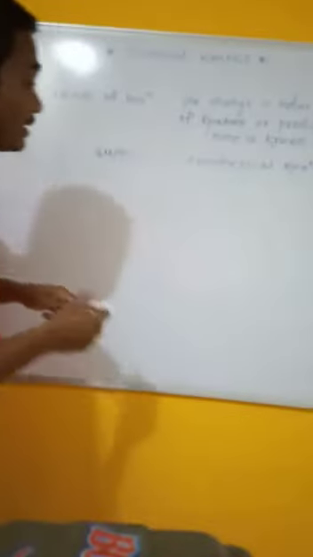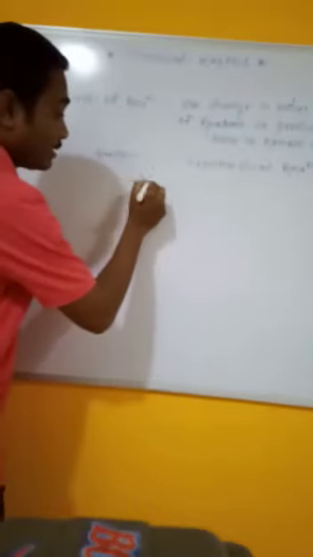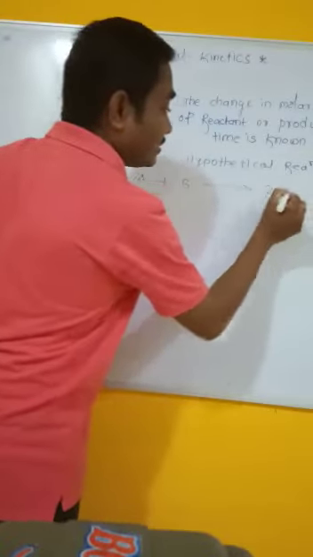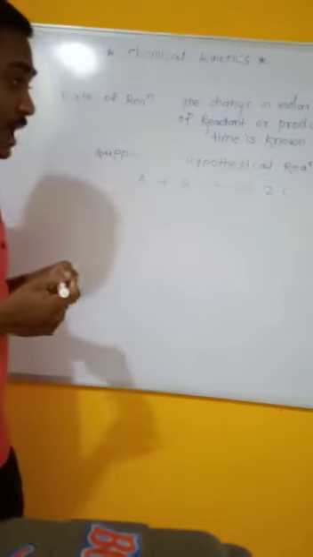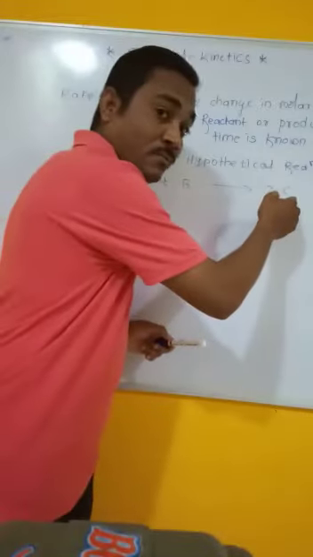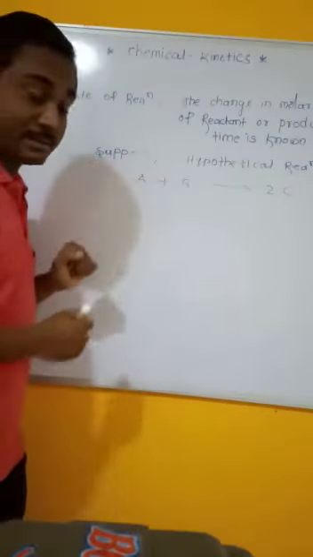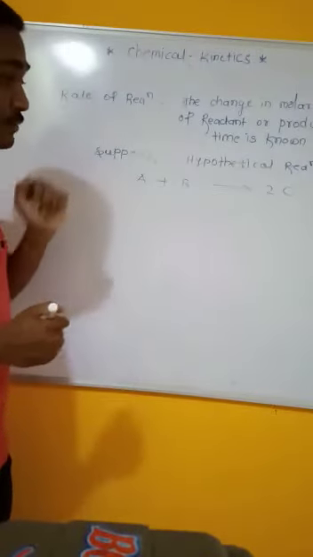Suppose a hypothetical reaction is A plus B changes to twice C. There are two reactants, A and B, and one type of product, but with a coefficient of two. That means in that example we have to find out the rate of reaction.